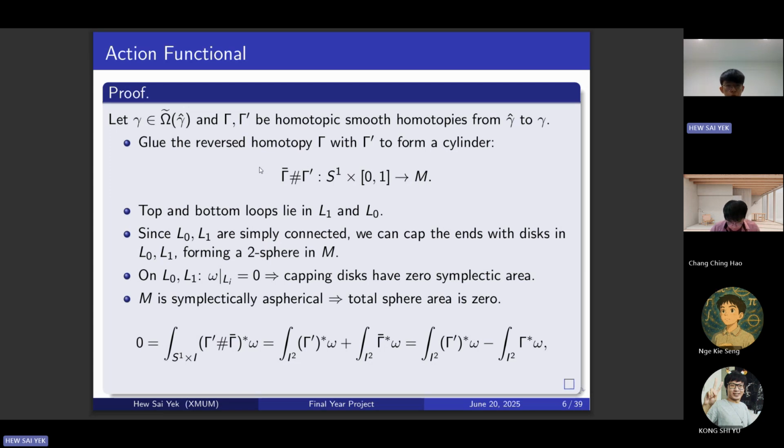This forms a sphere in M. And on L0 and L1 the form vanishes, so the capping disks have 0 symplectic area. And M is symplectically aspherical, so the sphere's symplectic area is 0. Then we can show the action functional is well defined.